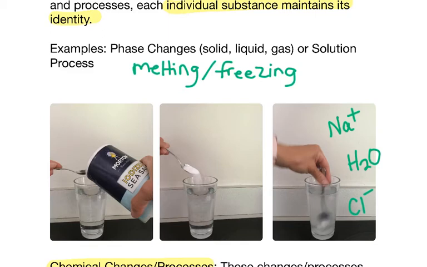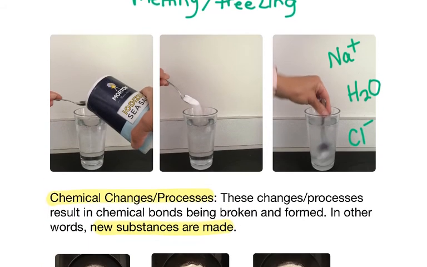all your salt staying together, and this is why you don't see a big huge clump of salt at the bottom of the container, because once I stir it, I've made a solution and I've essentially separated the sodium ions and the chloride ions from each other, and they are so well dispersed throughout the water molecules that they stay dispersed and they stay in solution, which we will talk about in much more depth later on in the school year.